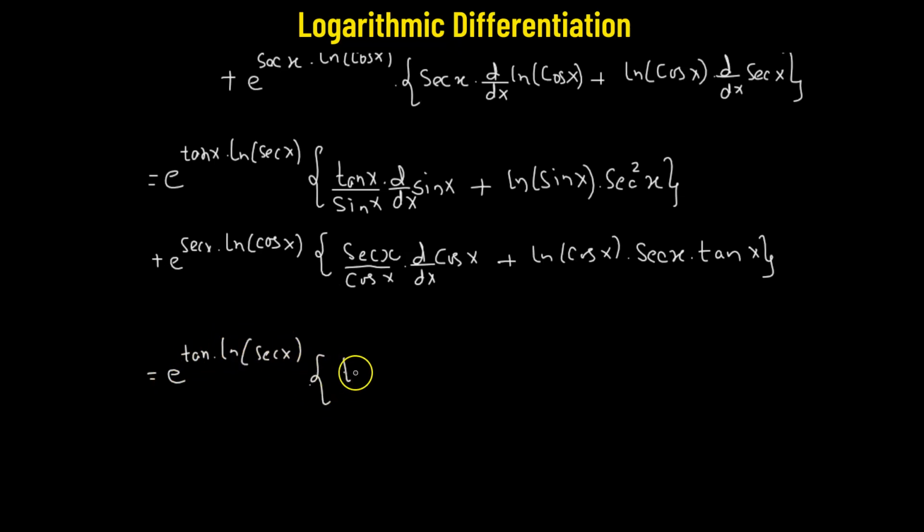multiplied to tangent of x divided by sine x multiplied to the derivative of the sine function, that is our cosine function.